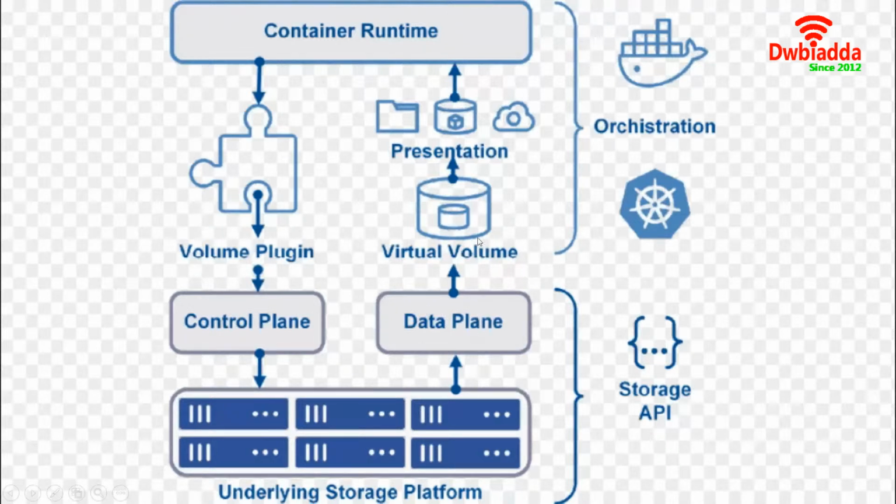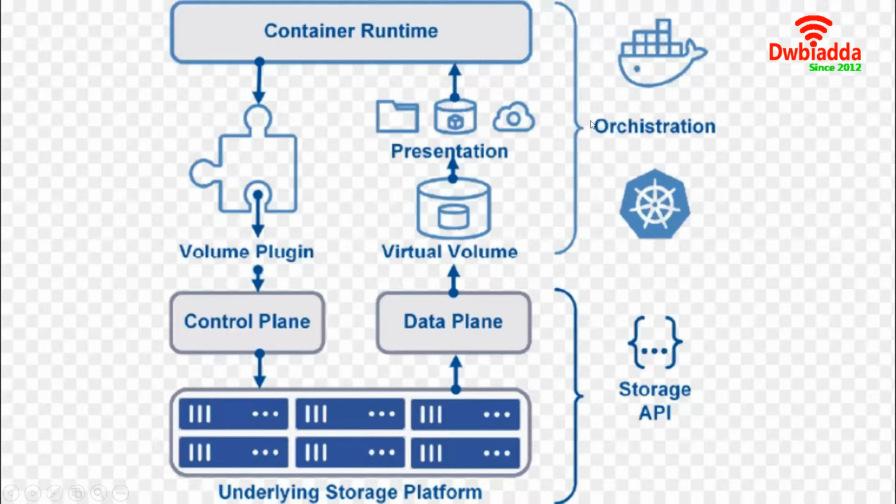The data plane is attached to the virtual volume. If we have a container at the top interacting with the file system and fetching the files, then if we have created a virtual volume, it will fetch the data from the virtual volume and pass it to the container runtime.